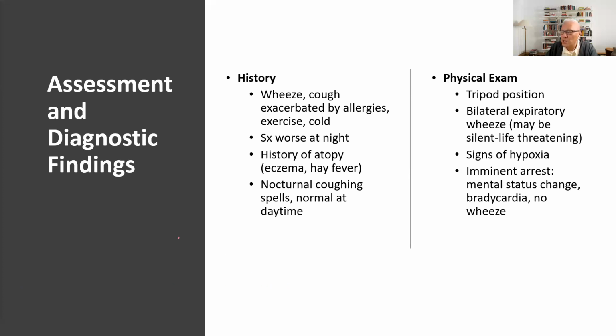So these are some of the signs and symptoms, particularly in children, that you need to be especially careful to observe, because this could lead to death or respiratory arrest.